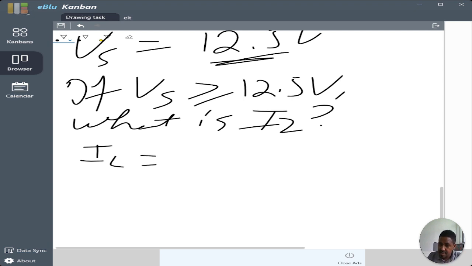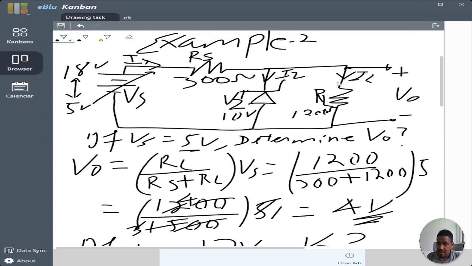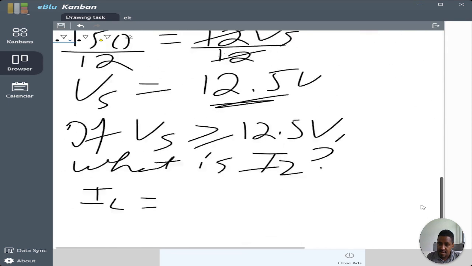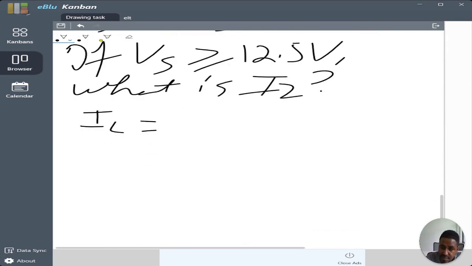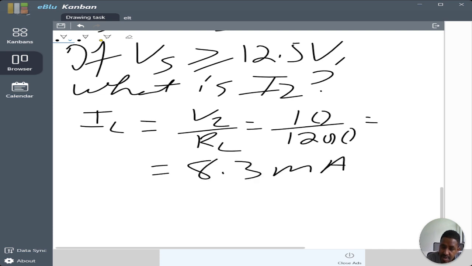IL becomes our voltage across RL, 10 volt, the same as our Vz. So Vz over RL, that means 10 over 1200. This result becomes IL of 8.3 milliampere.